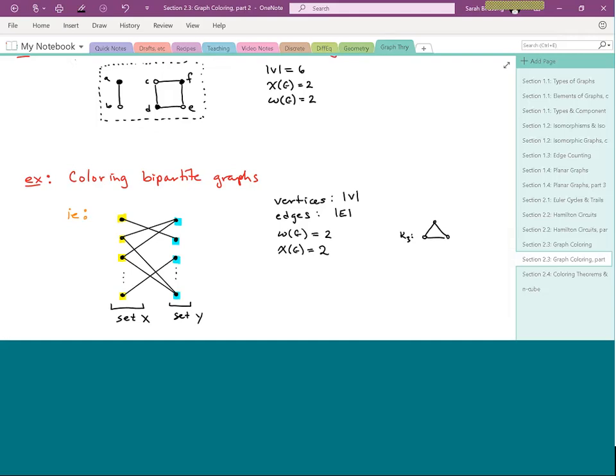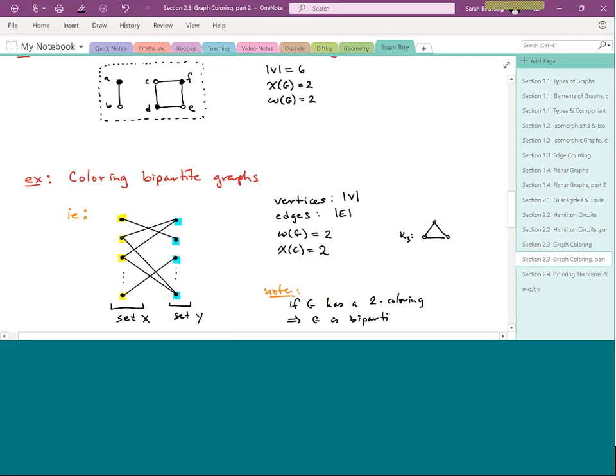So note, if G has a 2 coloring, this tells you that your graph G is bipartite.